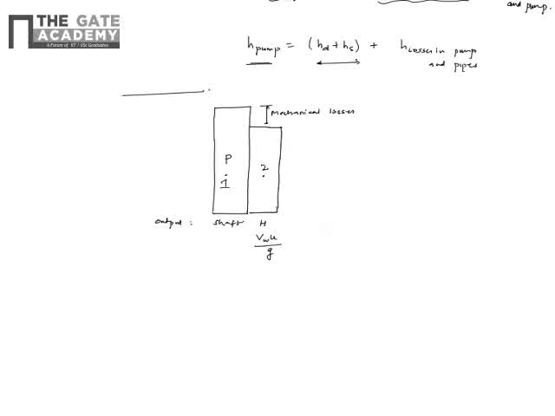Now there might be some losses, hydraulic losses in the pump. So the head that is going out of the pump, I'm just writing manometric head. It is called manometric head. And then you have the friction losses in the suction and delivery pipes. And what you get at the outlet is just the change, that is HD plus HS, right? Delivery plus suction head.